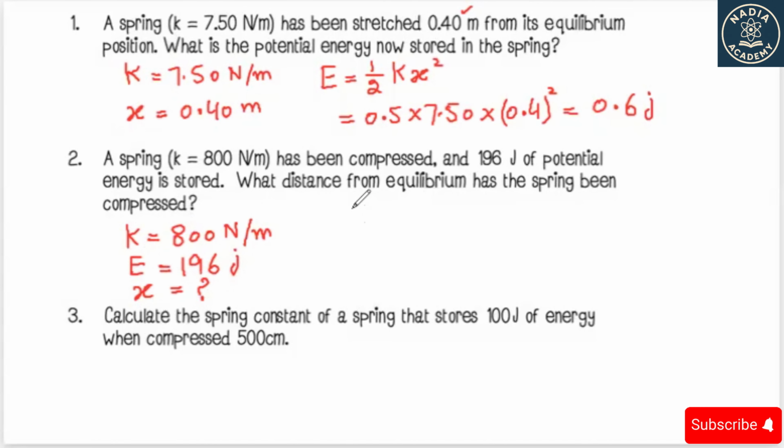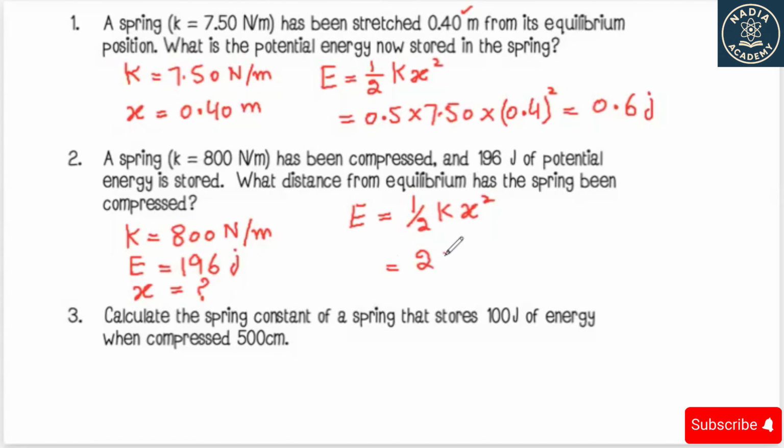We know the formula of elastic potential energy of the spring, E is half kx squared. What do we need to calculate? This extension x. So let's rearrange this formula. The 2, which is dividing on the right-hand side, will multiply with the energy.